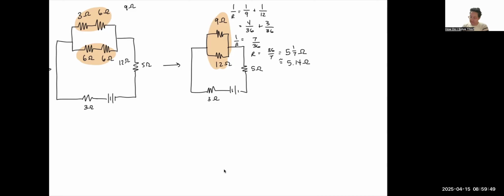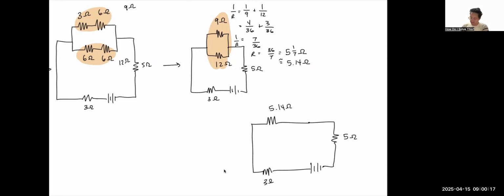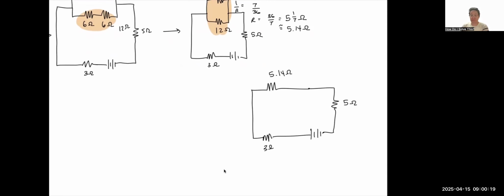All right. At this point, we have a very straightforward circuit. And it looks something like this, with the 3 down here, the 5.14 up here, and the 5 over here. Those are all in series.